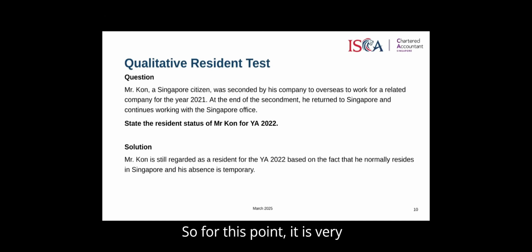So, for this point, it is very important to note that the general rule with respect to a Singapore citizen, despite being seconded or undertaking his employment overseas, is that there is a high likelihood that he will be treated as a resident of Singapore, as long as he can demonstrate that he will be returning to Singapore at the end of his work assignment or period.